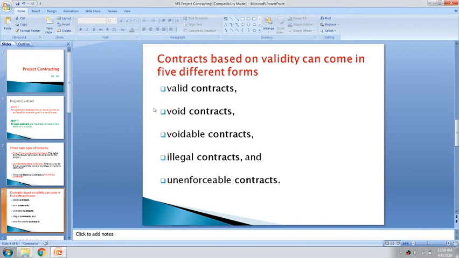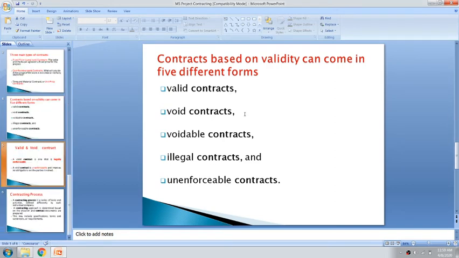We will see what a valid contract and a void contract are, as that is what we usually come across. Voidable, it's not existing. Illegal, we are not supposed to do. And unenforceable, there is no question of executing such contracts. So we are interested in these two, valid contracts and void contracts.